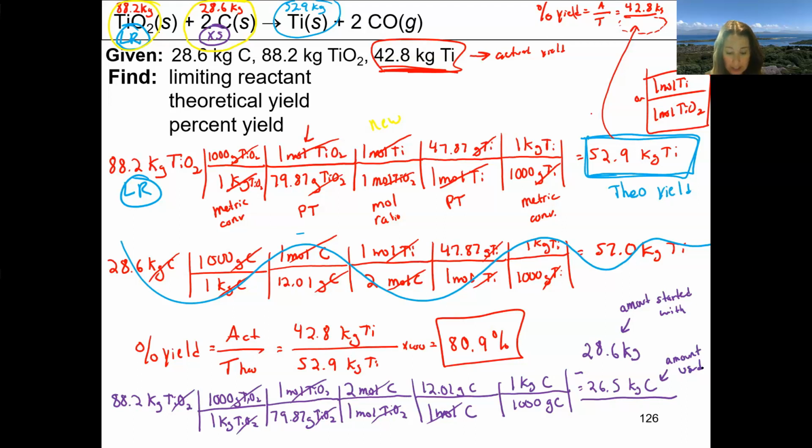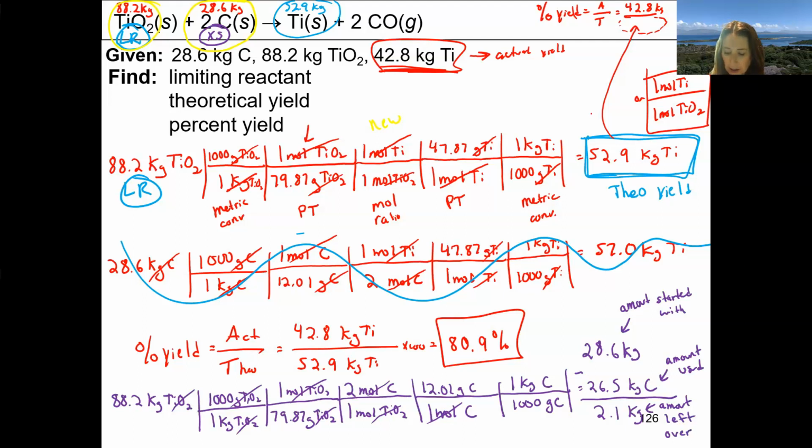So 28.6 is how much we started with, minus 26.5 is how much we used. That means we have 2.1 kilograms, and this is the amount left over.